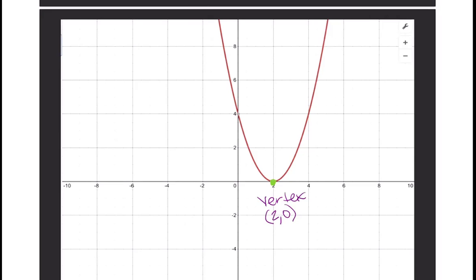And it's pretty much right down the middle where the vertex is. So our line of symmetry goes right through here, right? So we need to be able to name our line of symmetry. For horizontal and vertical lines, it's either going to be x equals or y equals.